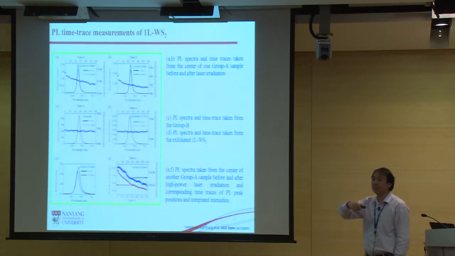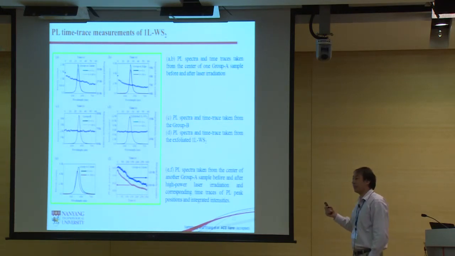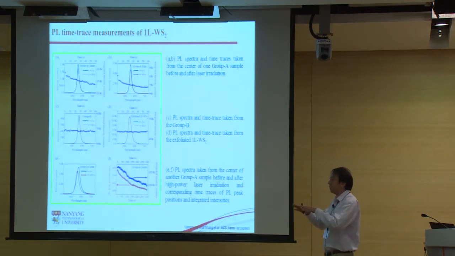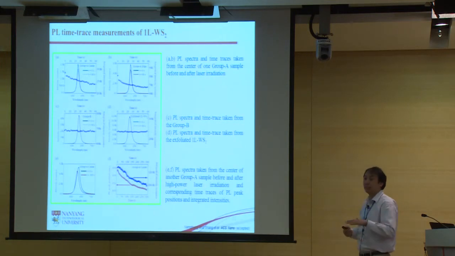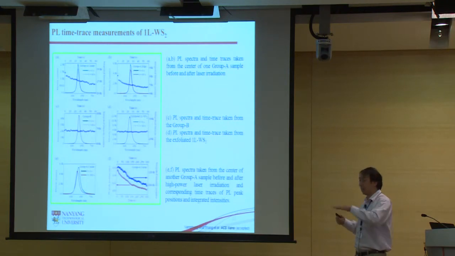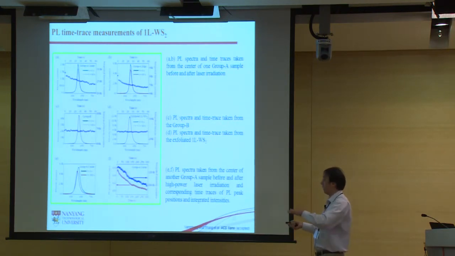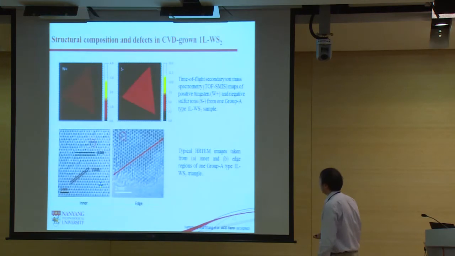We shine the laser and keep recording the PL emission and compare the group A, the non-uniform, with the uniform one. You see the decay of the group A and the constant response of the group B. This tells us the quality of group B is much better than group A, even when we expose the sample to a strong laser beam.